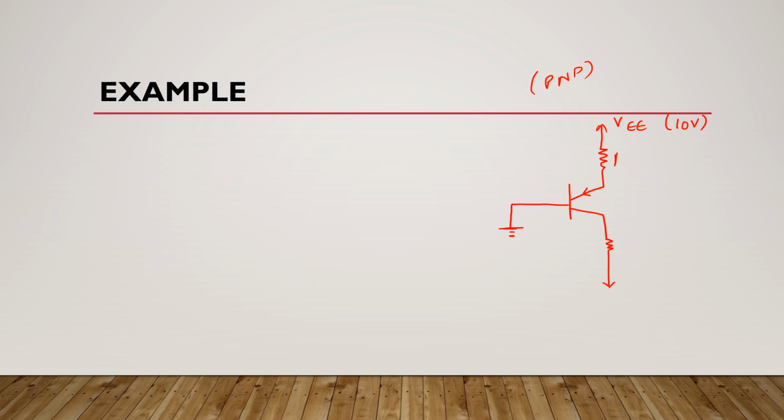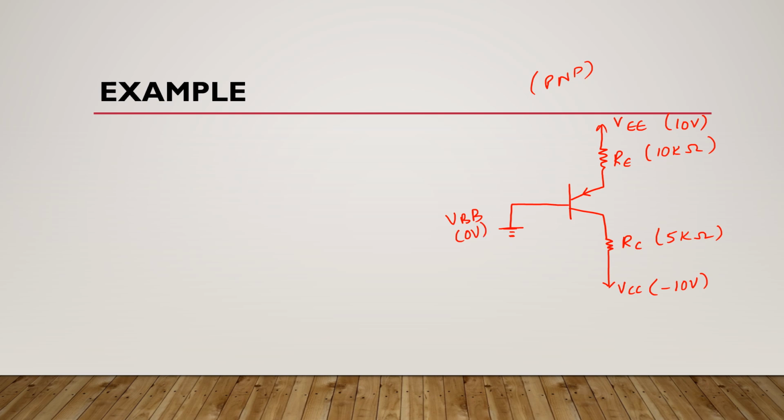This is RE and it is of 10 kilo ohms. Here we have RC and it is of 5 kilo ohms. And here we have supply voltage of collector and for suppose it is minus 10 volts. Now here this VBB is 0 volts because it is grounded.